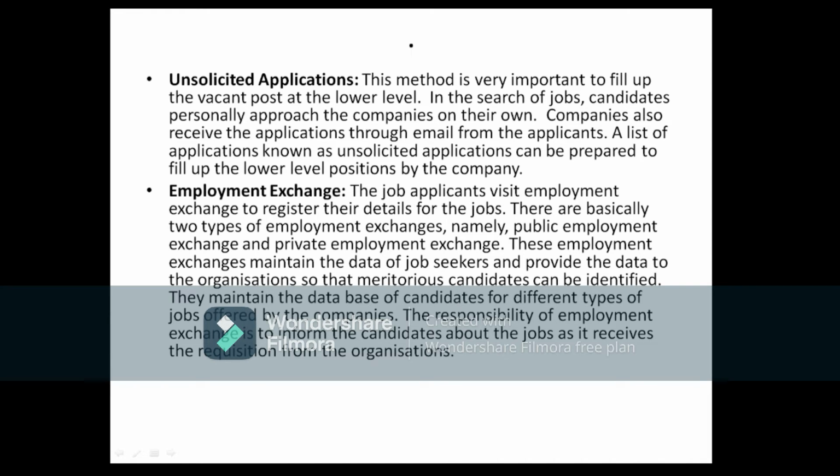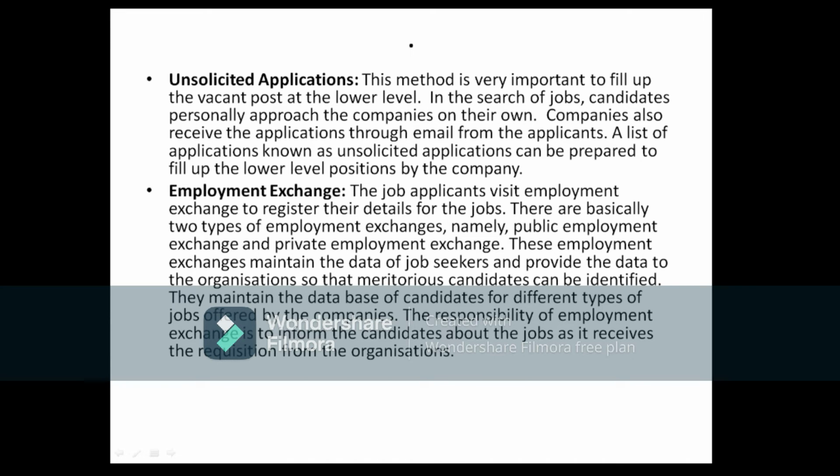Next is employment exchange. In this case, government organizations have established employment exchanges throughout the country. And what is the main job of the employment exchanges? They maintain a database of each and every type of candidate, whether the candidate is skilled, semi-skilled, managerial, technical, right?